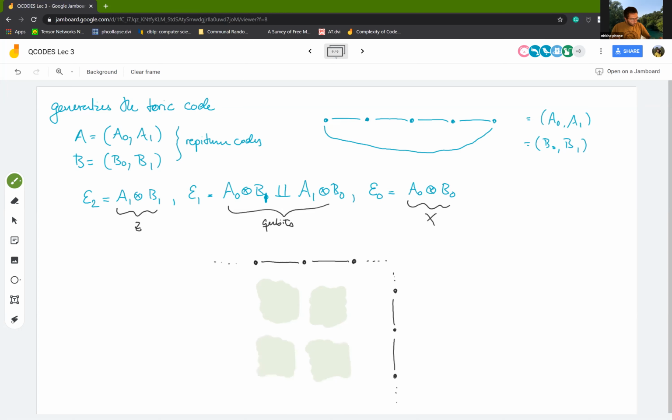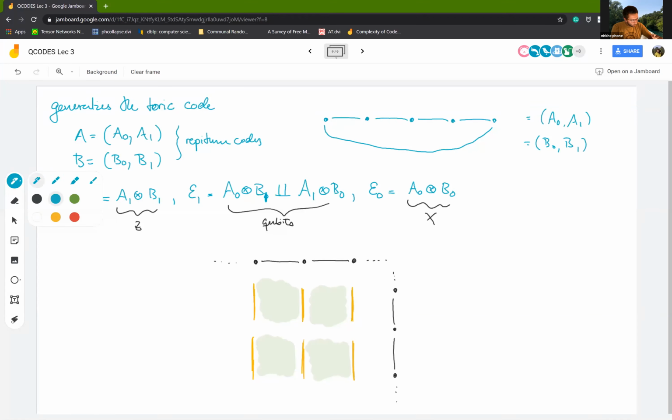And now what happens in my A0 tensor B1? Well, my A0 tensor B1 is when I take a point from one side and I take an edge from another side. So that's precisely this guy, this guy, this guy, this guy, this guy, this guy. And what happens here, well, those are these, this one, this one, this one, this one, this one, this one.